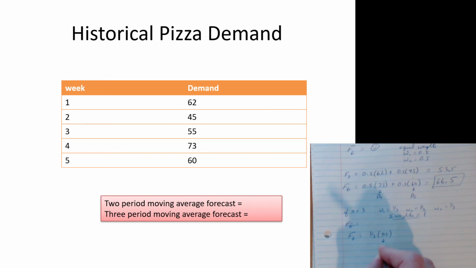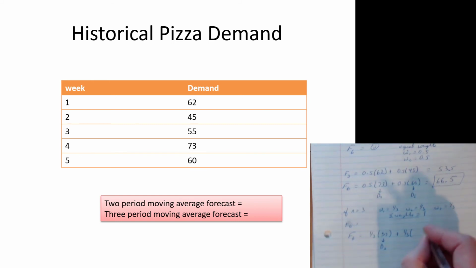That's the demand for period 3, plus 1/3 times the demand for period 4 plus 1/3 times the demand for period 5. And I get 62.67 as my forecast.